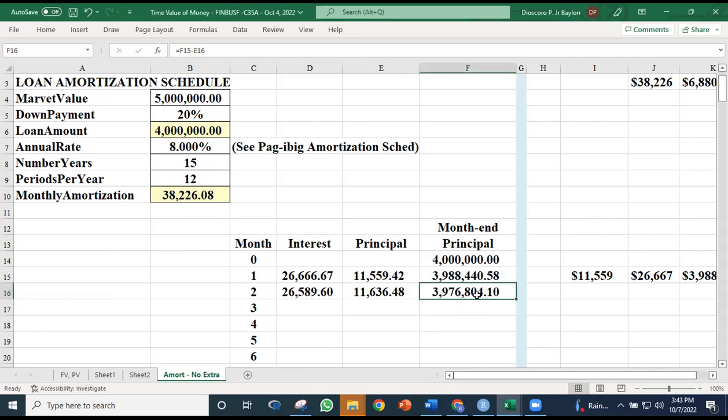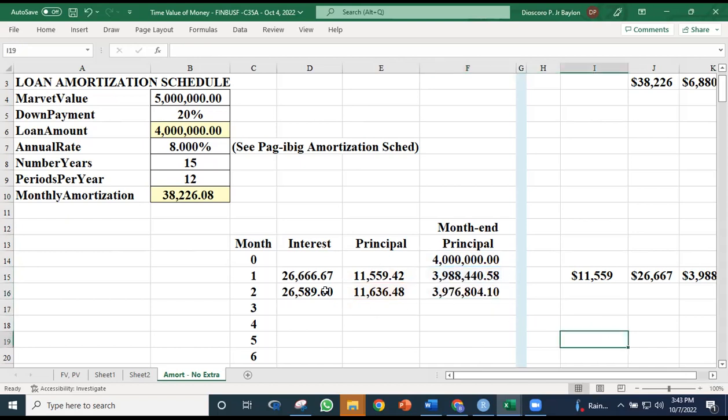The month-end principal, simula mo na to, no? Will be the previous month-end principal minus kung ano ibabayad mo for the principal for this particular month. So dito, ang month-end principal natin will be how much was your month-end in the previous month minus magkano ibabayad natin for the principal in the current month. Okay? Sir. Okay, thank you, good. Thank you. All right.